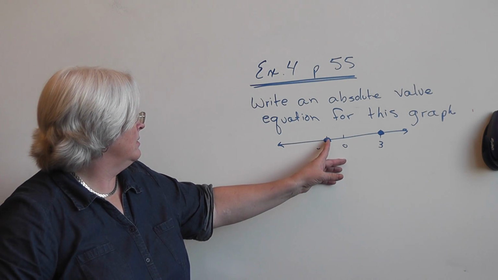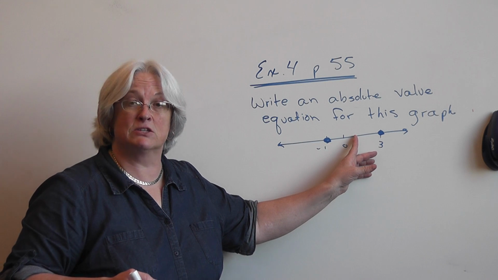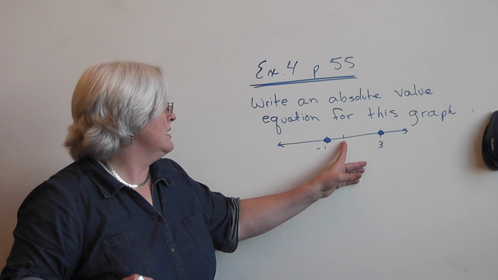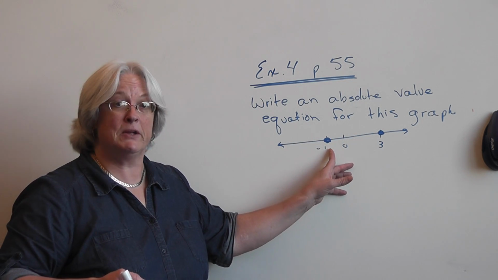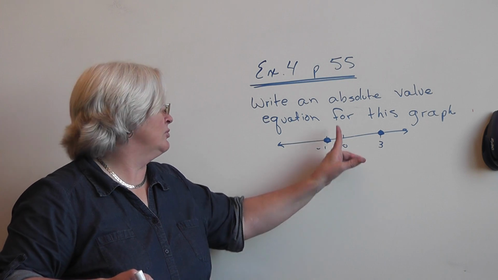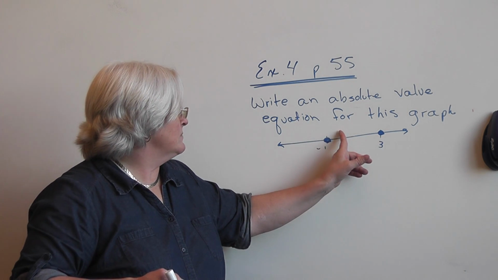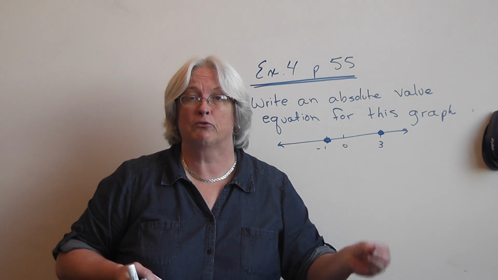But here, if we're going to use absolute value, we're just going to use it as the distance from a common point. Now, obviously, it's not going to be the distance from 0, because we have a distance from 0 in the negative direction of 1 unit, and we have a distance from 0 in the positive direction of 3 units.